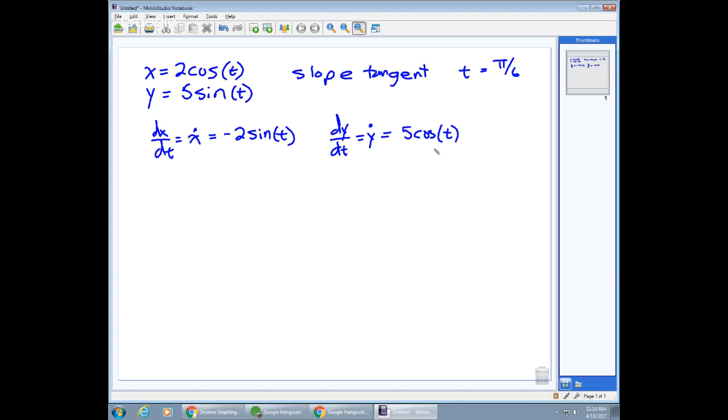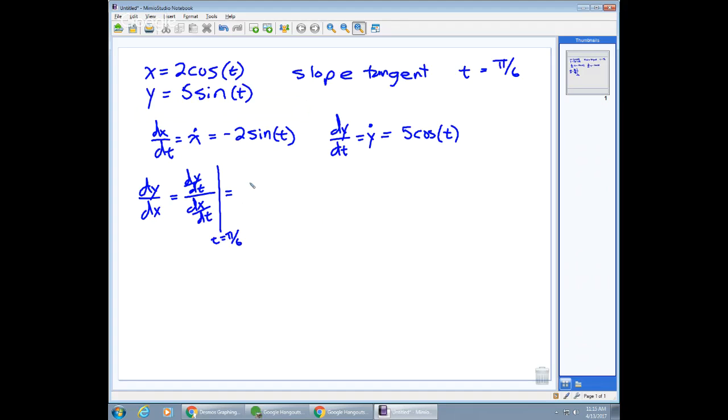And we just need to evaluate those guys and take their quotient. We want slope, which is dy/dx. So that means take your y dot and divide by your x dot. And then we're going to evaluate that at the same time when t is equal to pi over 6.